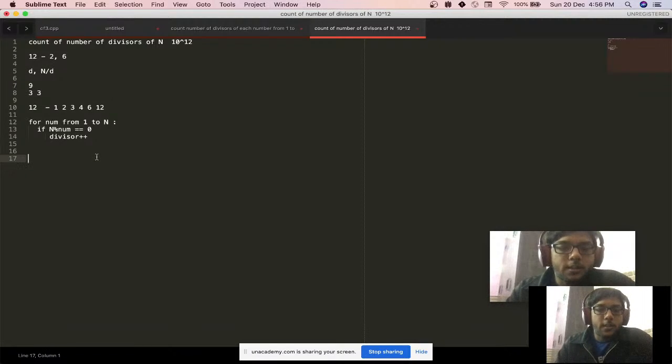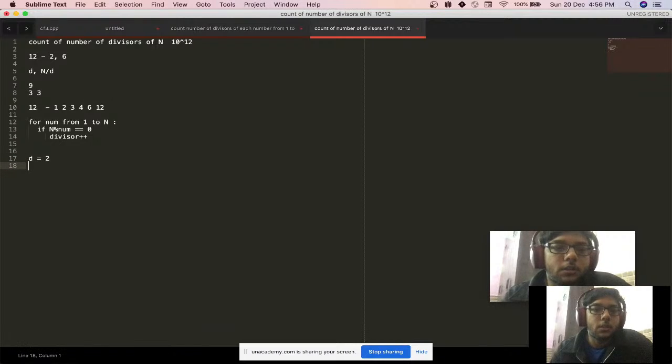For d equal to 2, we have the divisor pair 2 comma 6. When I find 2, I'm going to increase my counter by 2, not by 1, because I know that 6 exists. But we have to take care that when 6 comes, I don't add it again because I have already counted it.